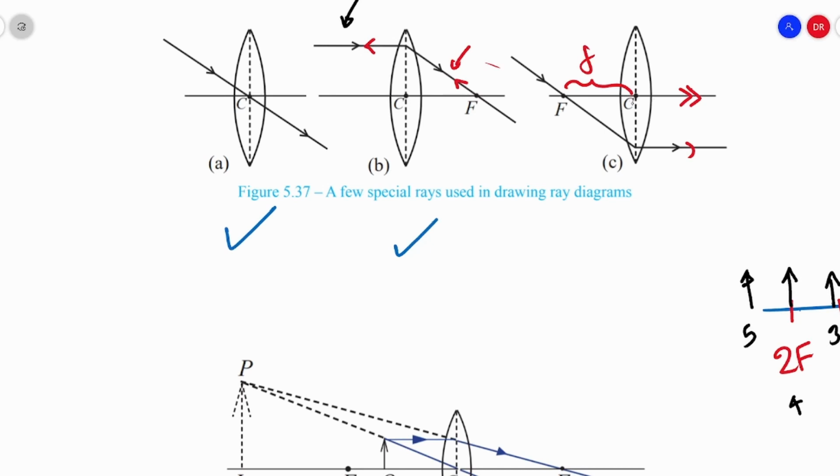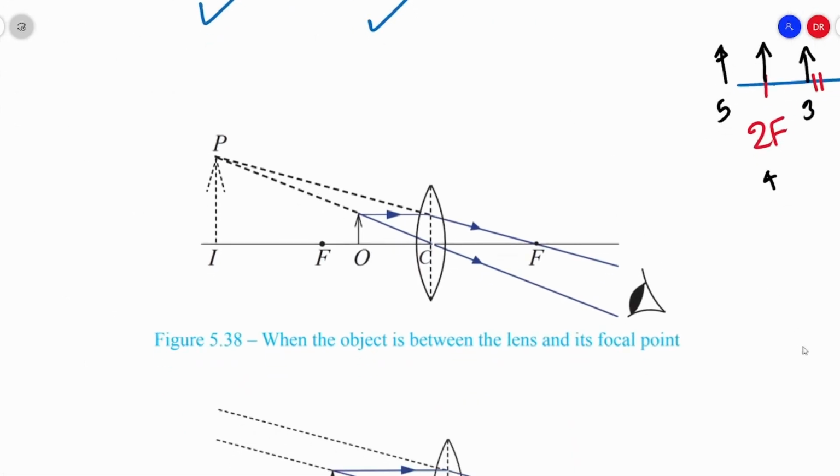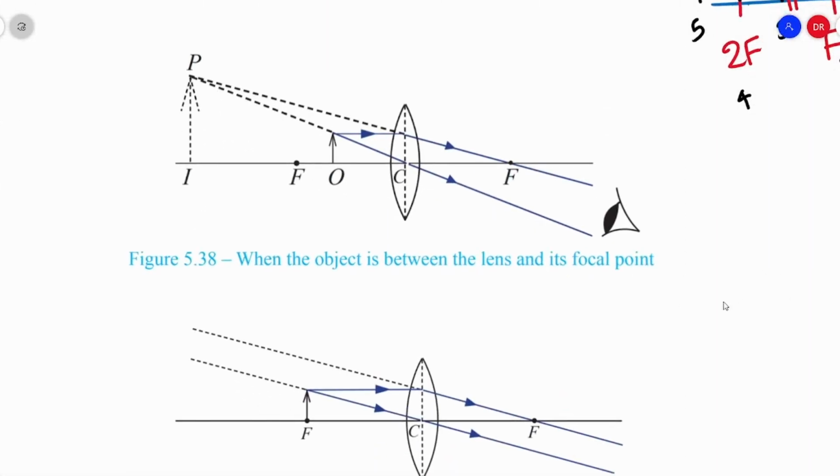Yes, we can use it, but normally to identify the point of the object, this is enough. Therefore we are using only 2 rays, but if you like you can use 3 basic ray diagrams. It is not essential, and in examinations you can save your time by this method without making complicated scenarios.